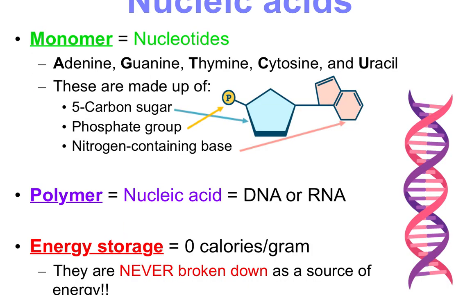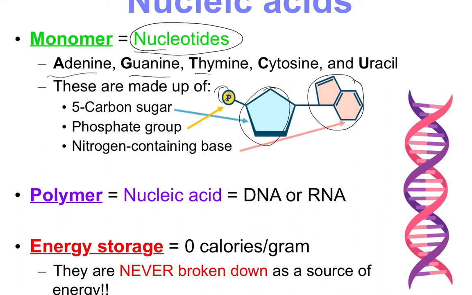Nucleic acid's monomer is called a nucleotide. It's made up of a phosphorus, a sugar, and a base. There are 4, technically 5, different types of bases of nucleic acids: adenine, guanine, thymine, cytosine, and uracil, which is specific to just the RNA component.